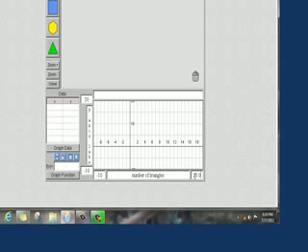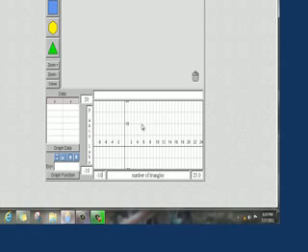Okay, and it's the same thing for the x-axis. If I wanted to go from -10 to 25, then I could change that as well, and you just get to see more or less of your graph depending on what you want to do with that.